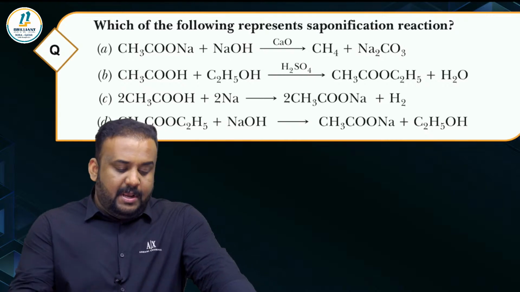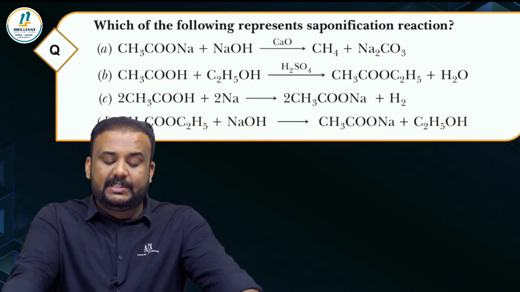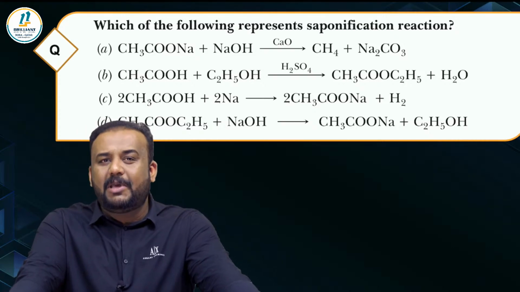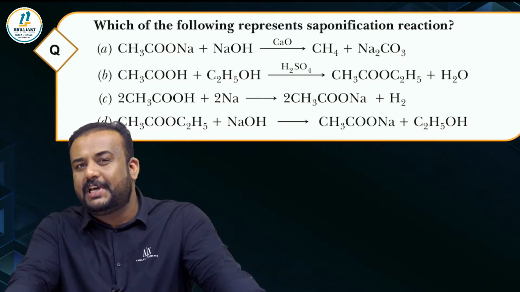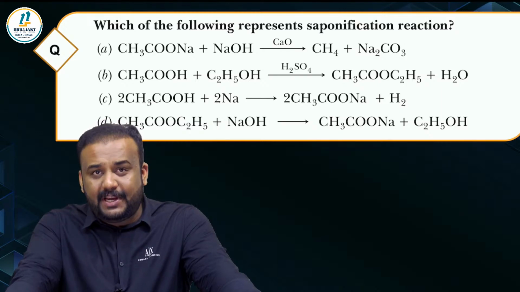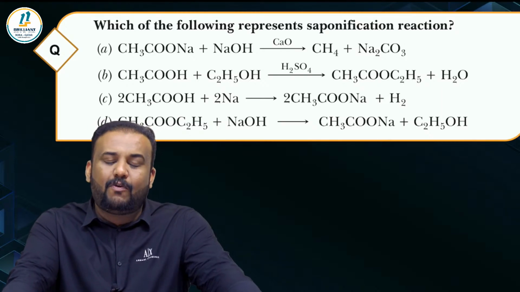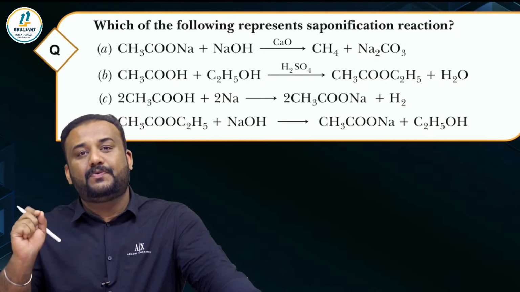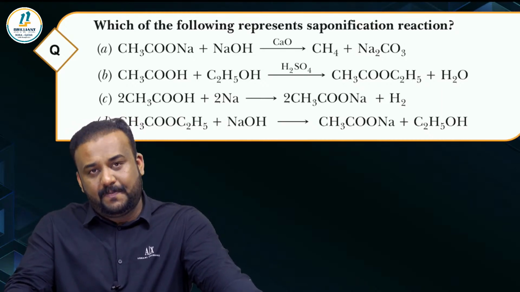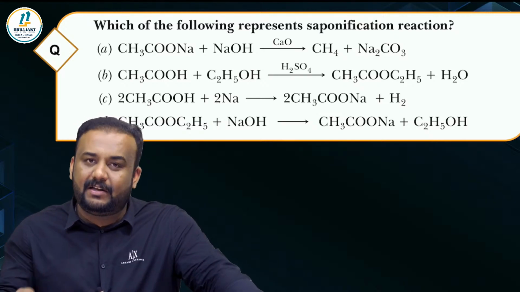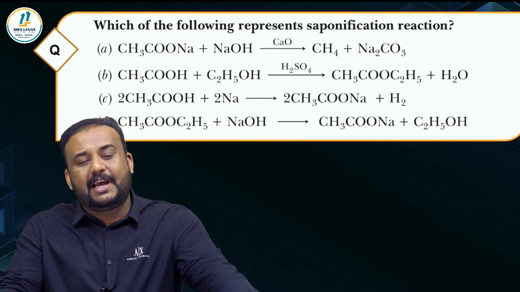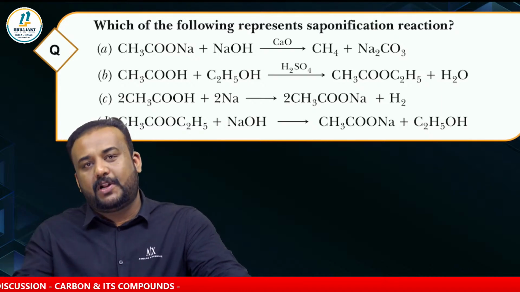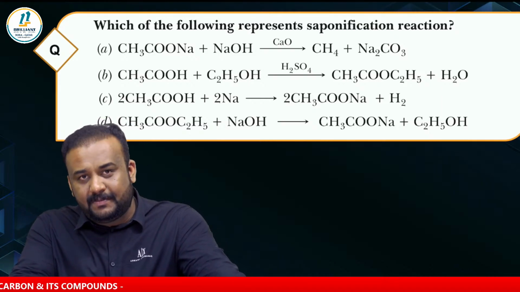Next question. Which of the following represents saponification reaction? A very important chemical reaction in carbon and its compounds, I would say. You have studied esterification and saponification. What is esterification? When a carboxylic acid is treated with an alcohol in the presence of an acid catalyst, an inorganic acid catalyst like sulfuric acid, we get a fruity smelling compound, and that compound is known as ester, right?